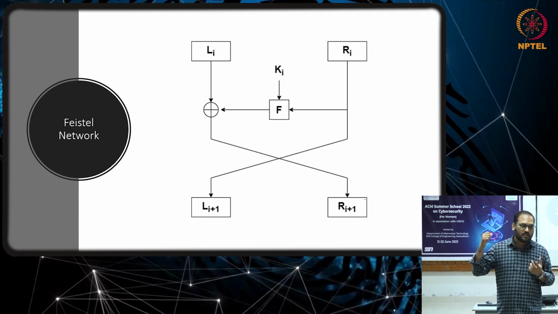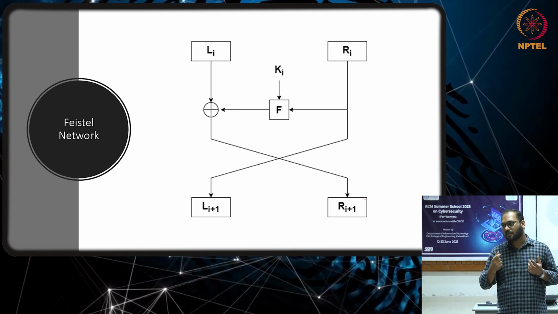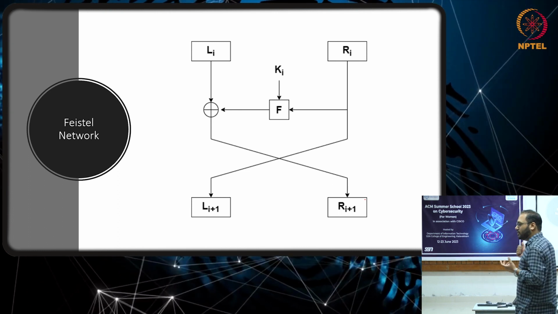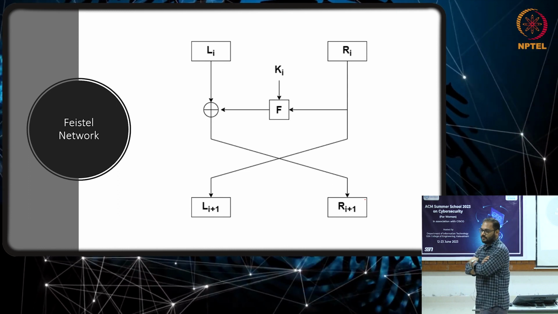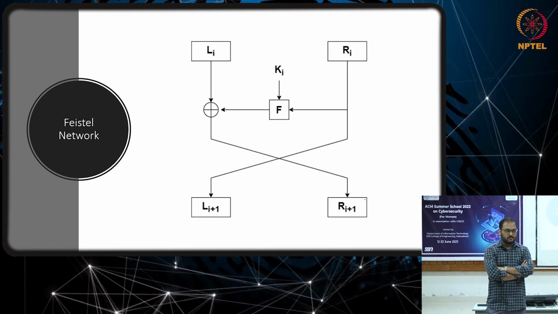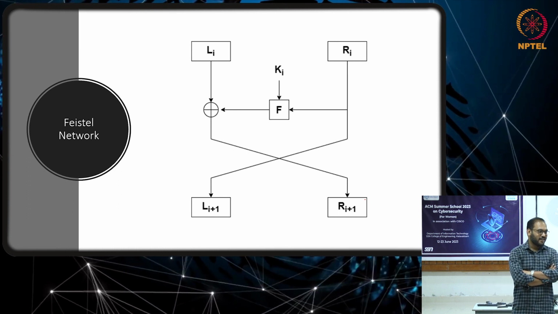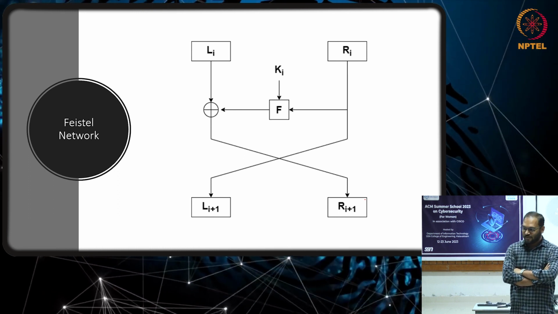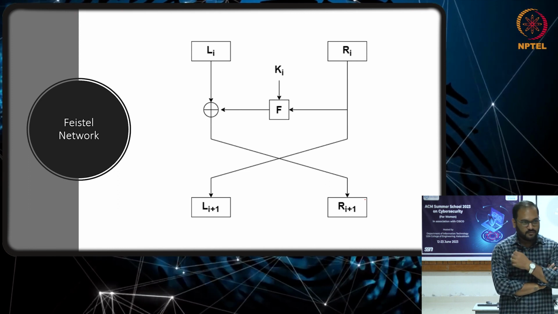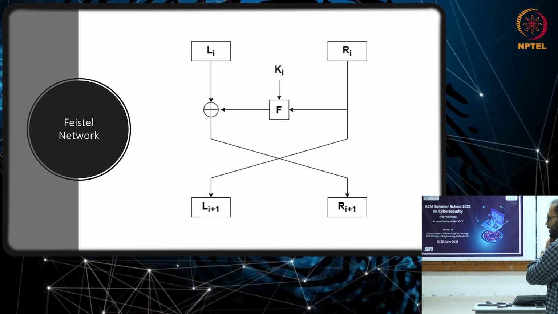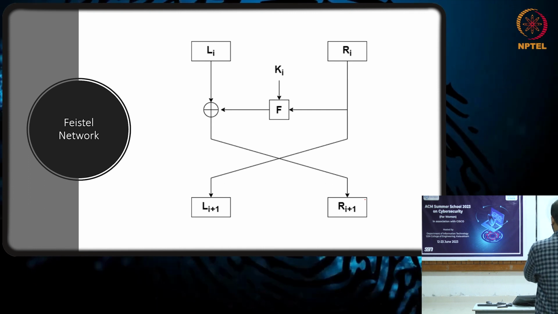Can you tell me in this round which part is getting encrypted? Left part or right part? Left, right? Just see, what do you think? Which is getting encrypted? Left or right?